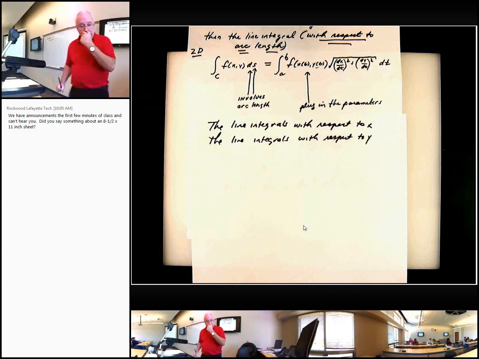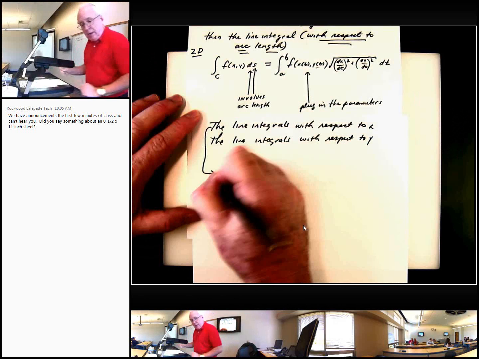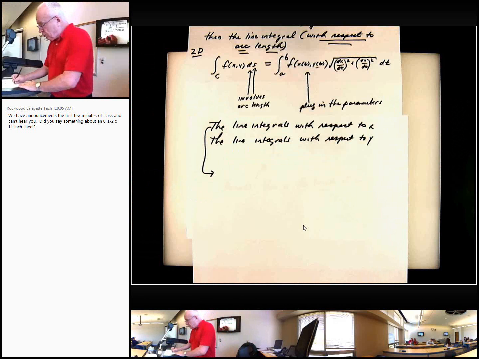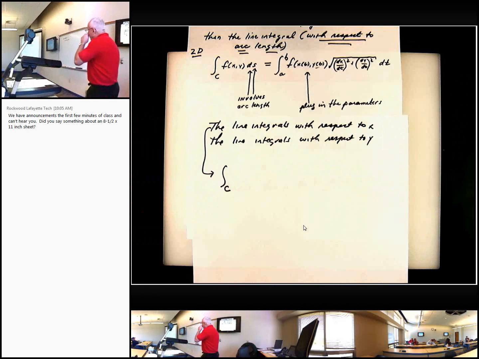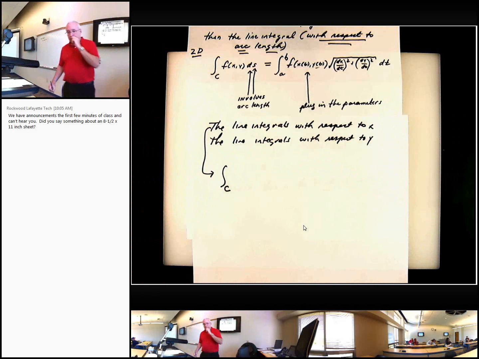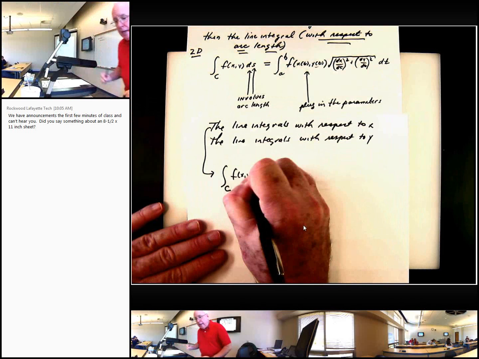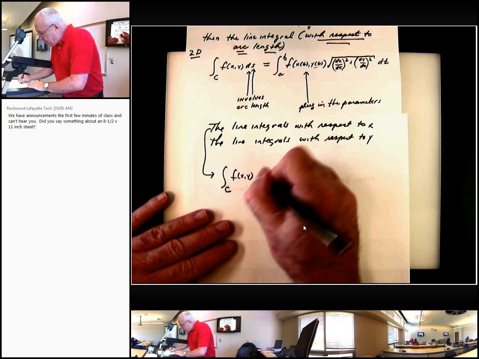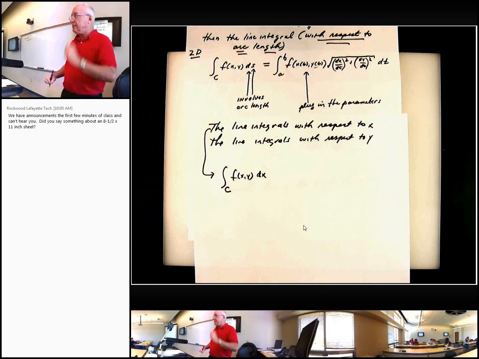Okay. So what they are is hopefully somewhat obvious. The line integral with respect to x is the integral, of course, along a smooth curve C, and we have some function that we're integrating, f of x, y, and this time we have dx instead of ds, as in before.